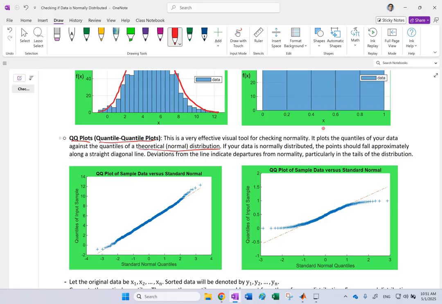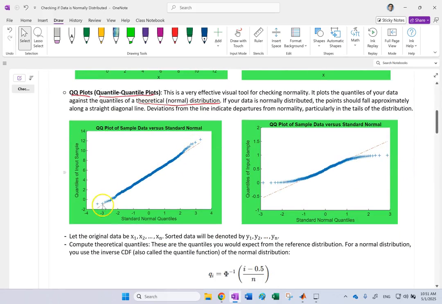So it's not just limited to a normal distribution, although here we use it for that, but this is a very powerful method to check against any theoretical distribution.